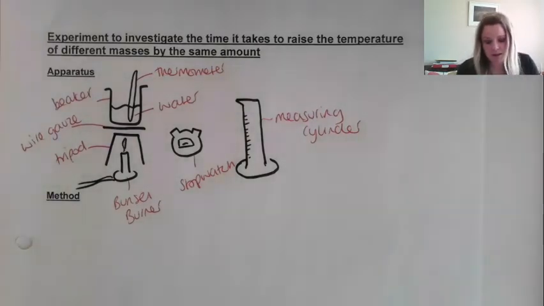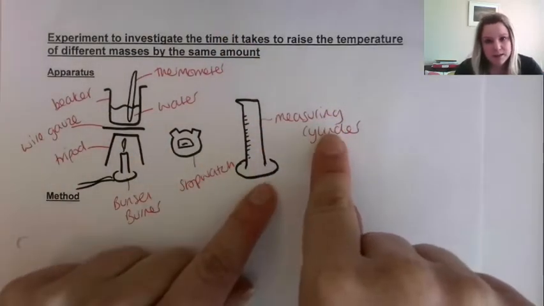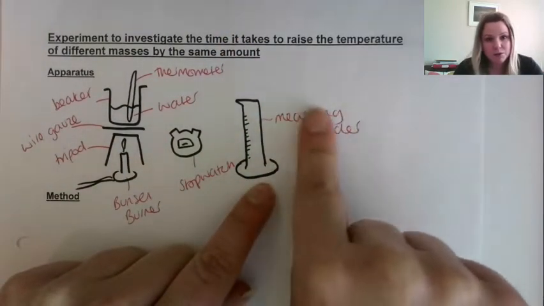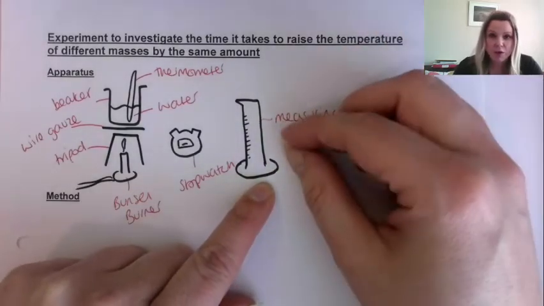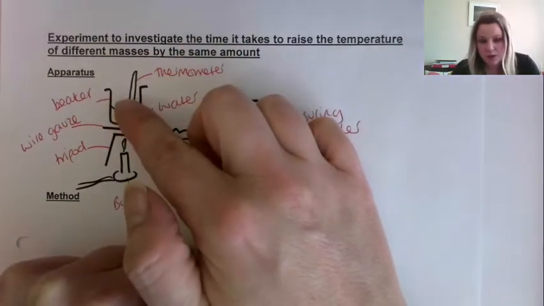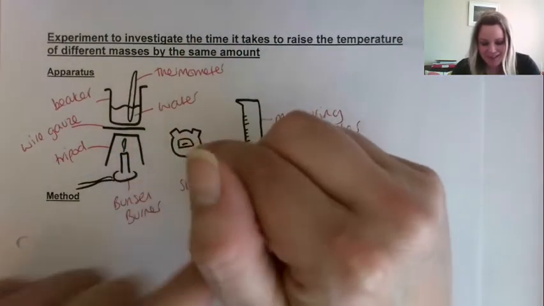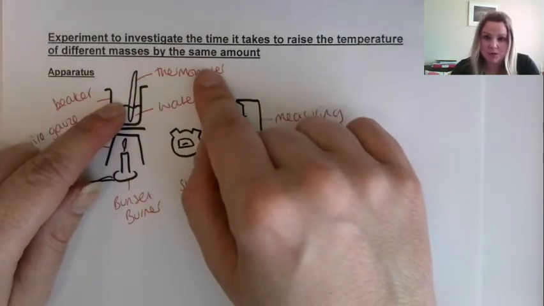Hopefully that made sense. So what we're going to do is use our measuring cylinder, sometimes called a graduated cylinder, to measure out different volumes of water, and obviously the different volumes of water are going to have different masses. We will put that into a beaker in school with a thermometer in it and record the starting temperature of the water.